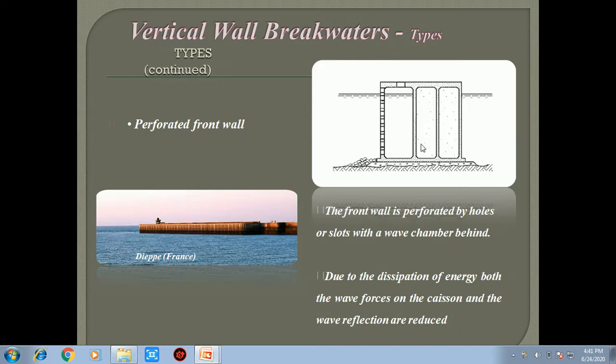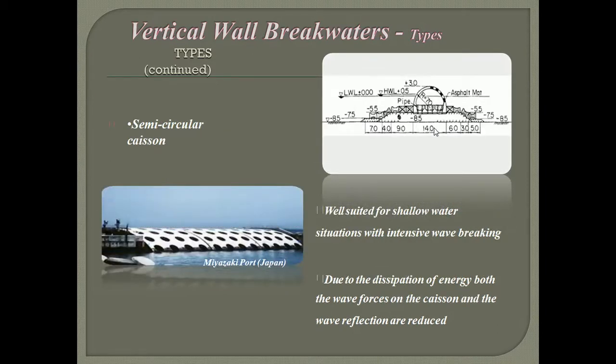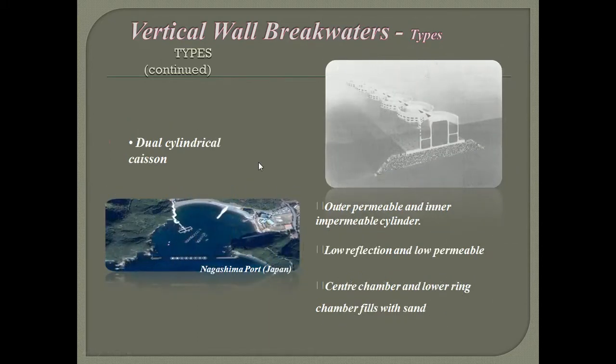You can see perforations on the wall, and this is a semicircular caisson, well suited for shallow water. Dual cylindrical caisson: outer permeable and inner impermeable cylinders are given for this type of breakwater.